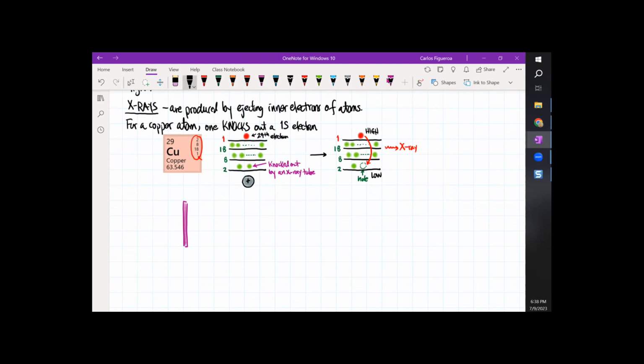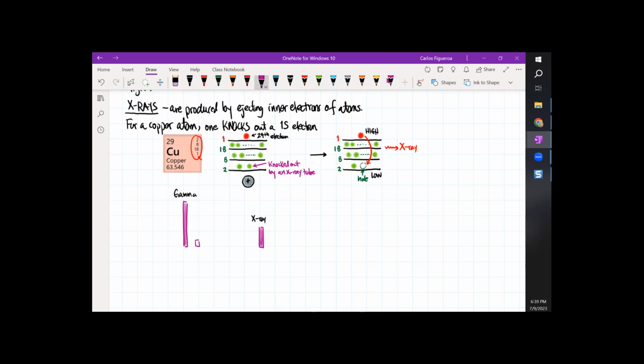So if I'm going to say that this is a gamma process, and then if I look at the X-ray, right? This is the energy for the X-ray. So remember, when I look at the X-rays, it's about 1,000,000 times smaller. So now what happens? These electrons jump.